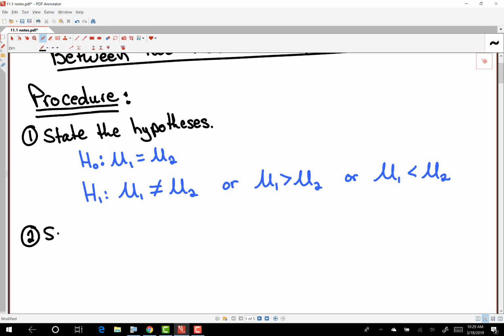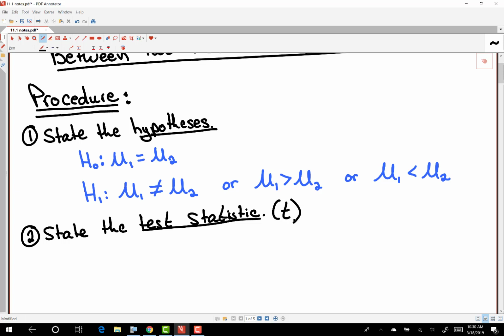Okay, then you should state the test statistic. Now the test statistic, how you're going to find that with this type of test, it's a t-test. So you're going to be finding a value of t, and the test you use is test number 4 on the calculator.